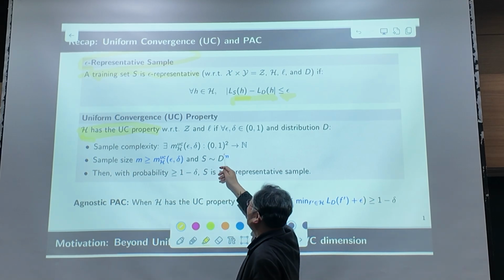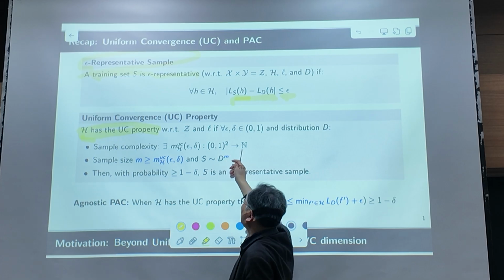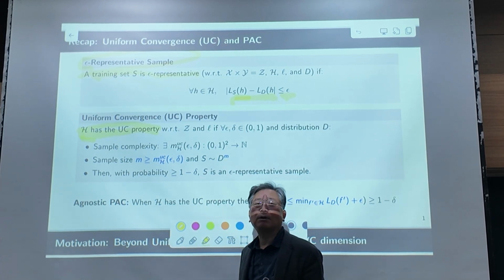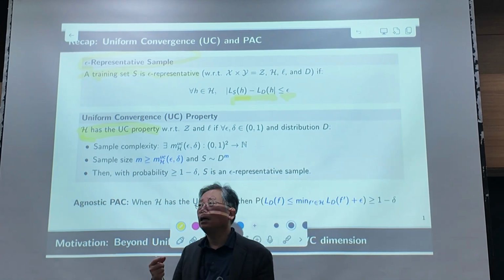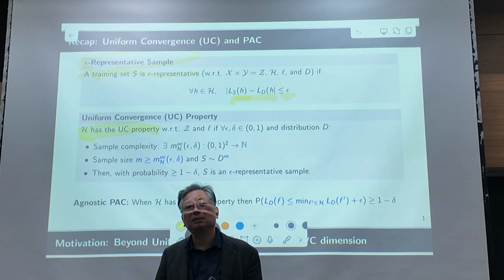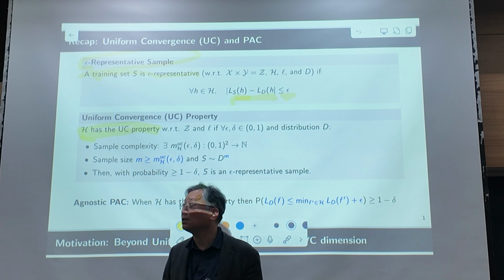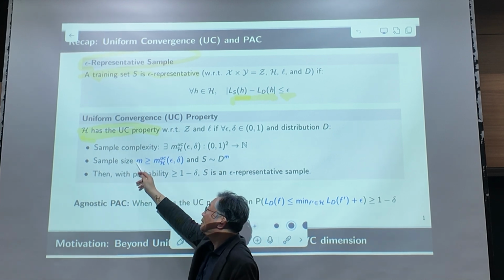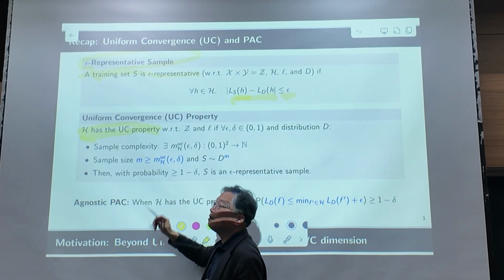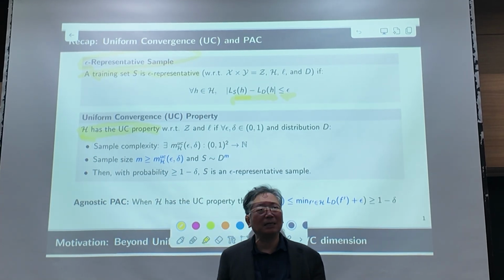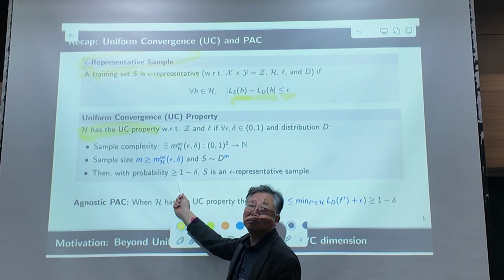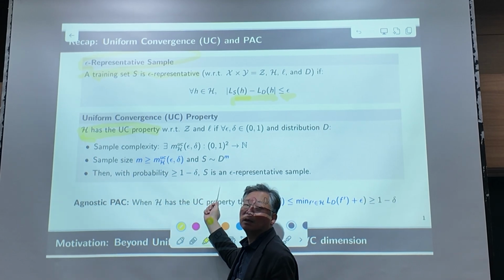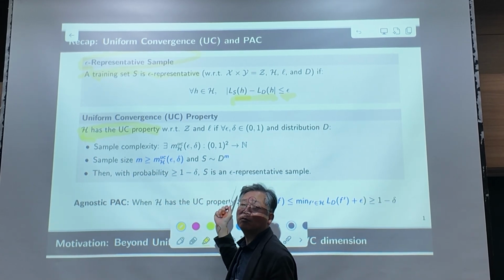You take epsilon and delta, and it gives you some natural number. Sample complexity is the minimum size such that the PAC or agnostic PAC statement holds. If we have a sample size greater than the sample complexity, then with probability 1 minus delta, S is epsilon representative.